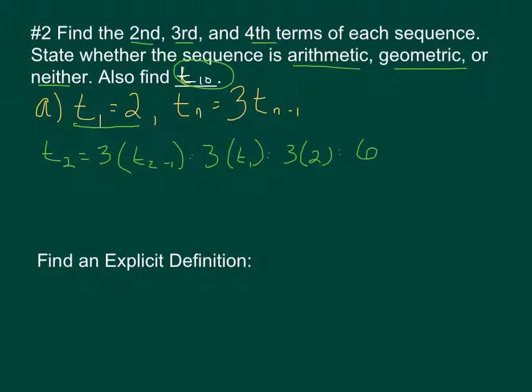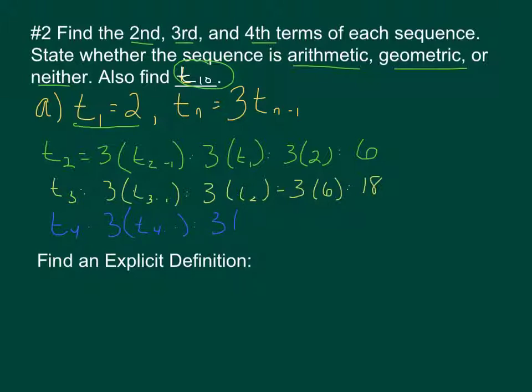Okay. Let's find T3. Well, that would be 3 times T3 minus 1, or the previous term, 3 times T2. We just found T2. 3 times 6, 18. Pretty easy? Good. What about T4? That would be 3 times T4 minus 1.